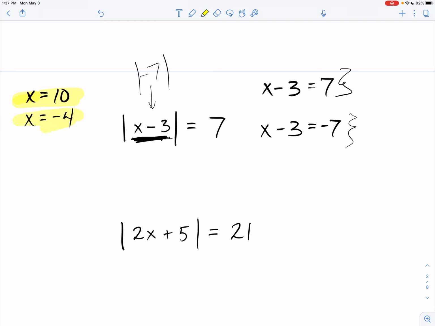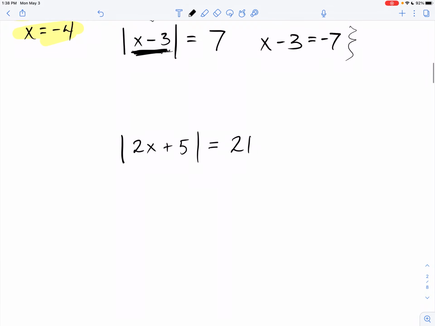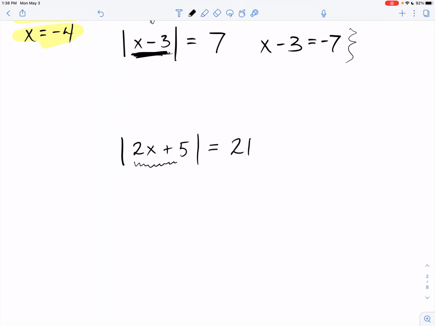So let's step it up a notch. Let's look at this one. Well, this one is definitely not as easy to guess. I assume you could just keep guessing and guessing until you get it right, but what are you really doing? You're saying to yourself, if the 2x plus 5 inside there was equal to 21, you would get a true statement.